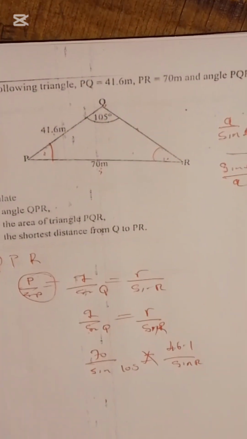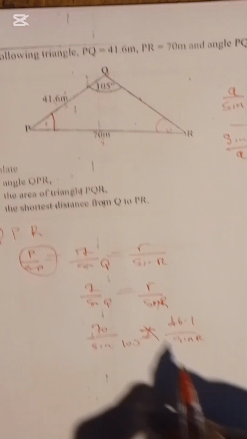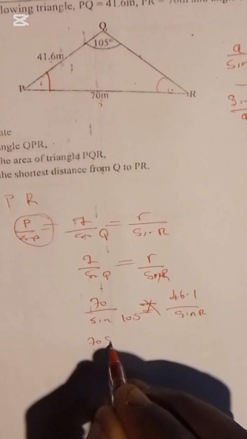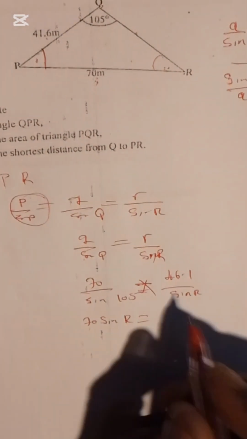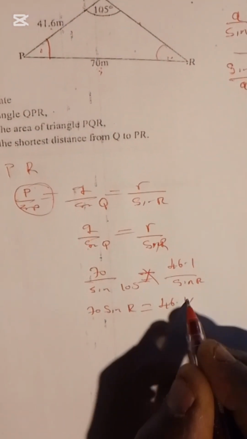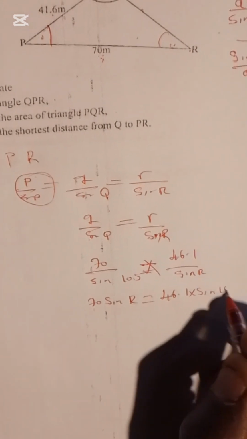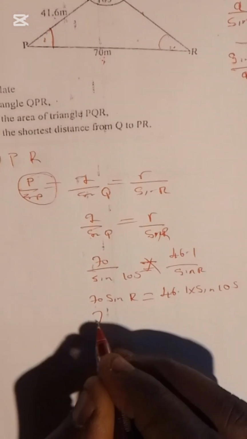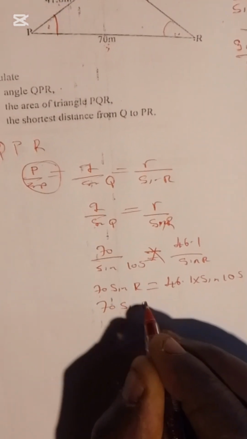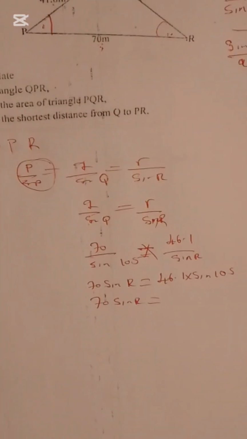Cross multiply. So equal sign means you cross multiply. So 70 times sine R gives us 70 sine R equals 46.1 times sine 105.